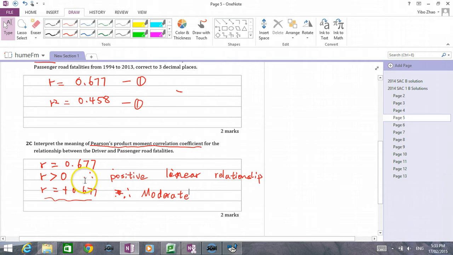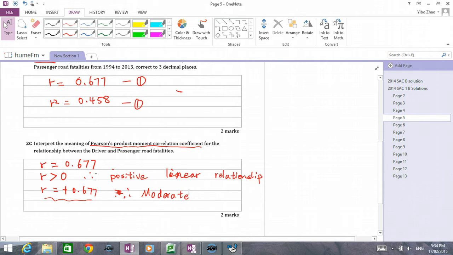Anything between 0.5 and 0.7, I believe, we can say it's moderate. It's not strong, it's not weak, it's in the middle.